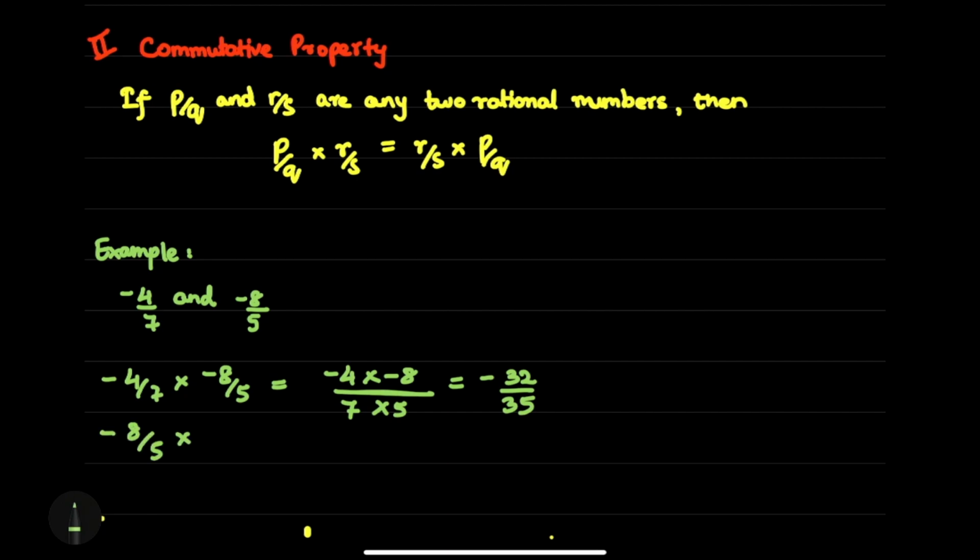Similarly, we also calculate minus 8 by 5 into minus 4 by 7, which again gives us the value of minus 32 by 35. Thus, we have verified that the multiplication of two rational numbers is commutative in nature.